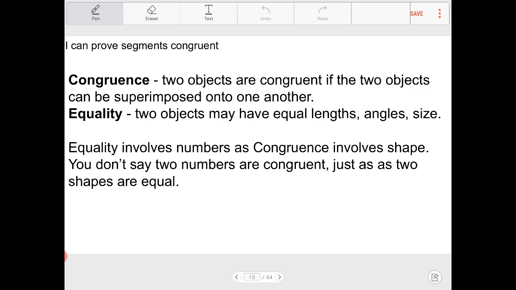You can, however, say two shapes are congruent, because we're talking about everything about the shape, both the length and the size. So that's the real distinction between the two. Again, just to reiterate, even though there's a small distinction between these two ideas, when we go through problem solving and proofs, we're going to make no distinction between the two.